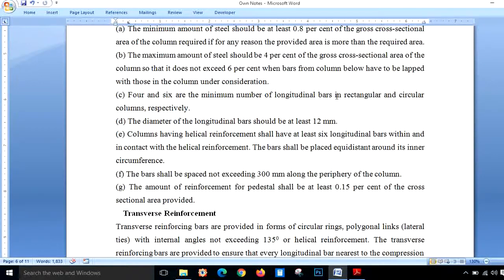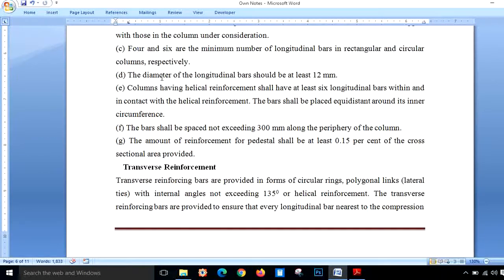In a rectangular column, I can provide a minimum of 4 bars, and in a circular column, a minimum of 6 bars. The diameter of longitudinal reinforcement should be at least 12 mm. So we can't provide 10 mm or 8 mm bars as longitudinal reinforcement.